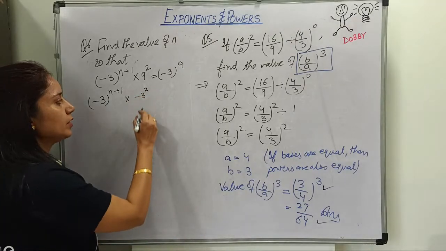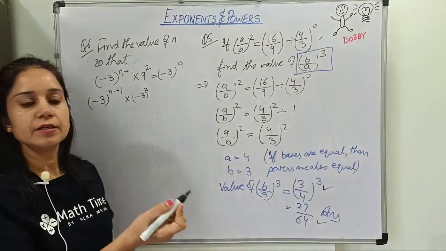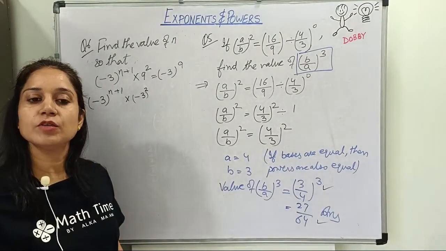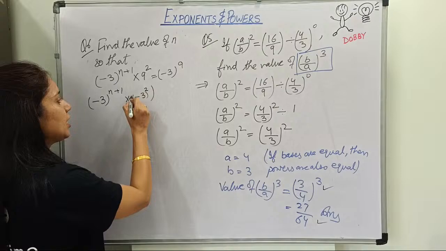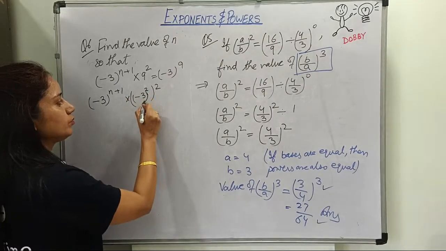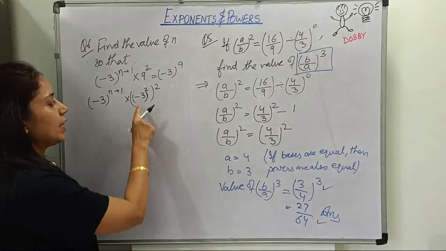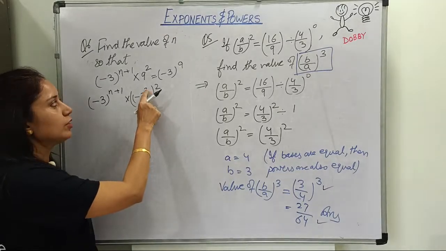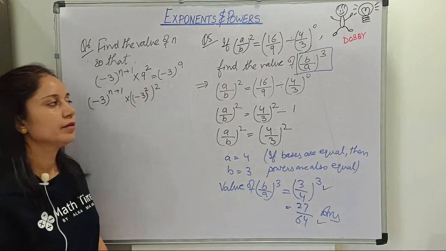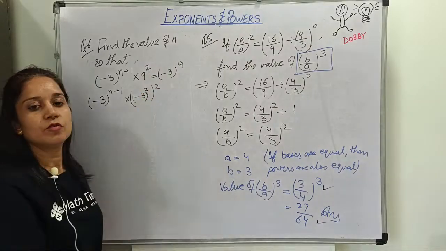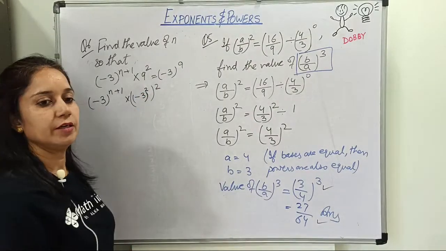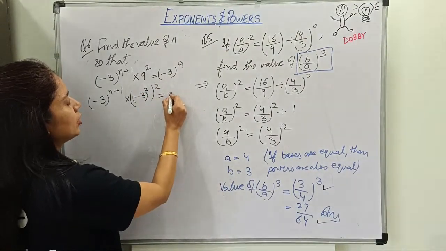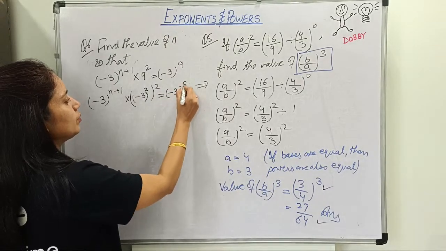Minus 3 square means 3 threes are 9, and minus minus is plus, so it gives 9 only. And the power 2 already given is also written outside. On the other side of equals, it is minus 3 raised to the power n.